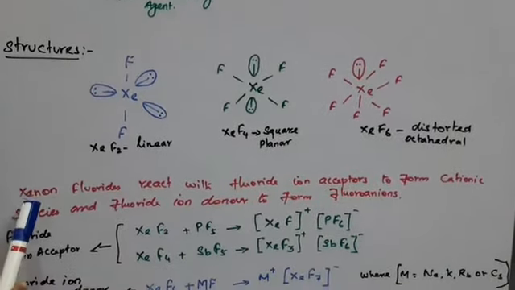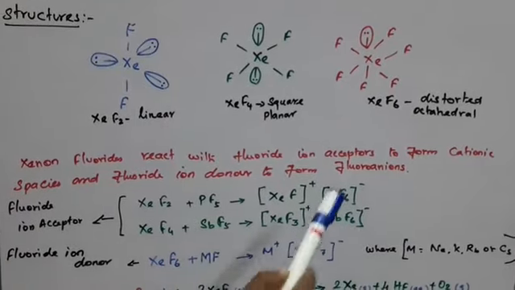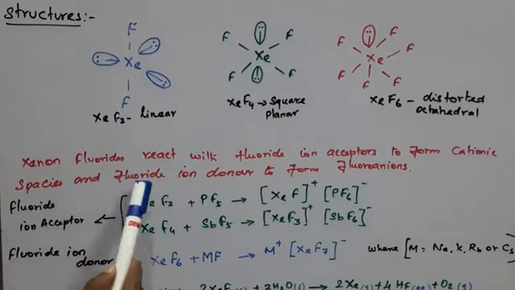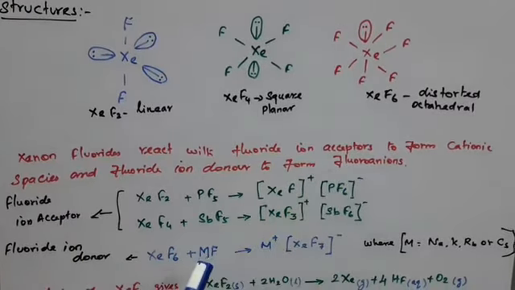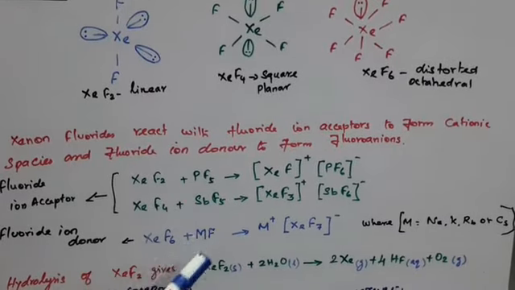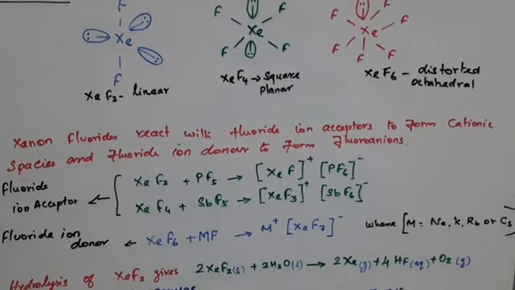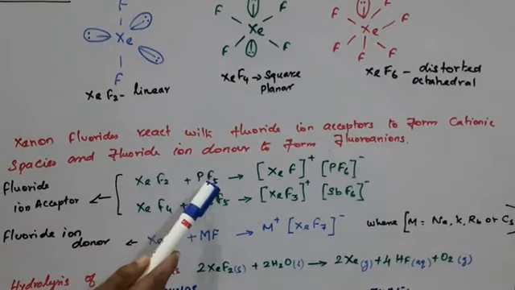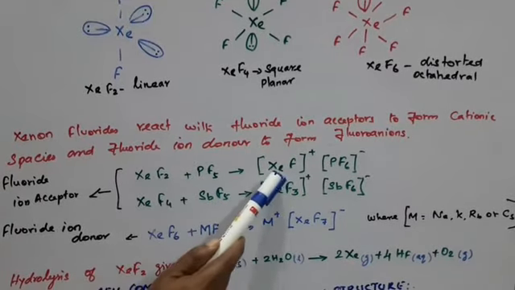Okay, and xenon fluorides react with fluoride ion acceptors to form cationic species and with fluoride ion donors to form fluoroanions, anionic species. Okay, so xenon fluoride reacts with both metal fluorides as well as non-metal fluorides. In the case of non-metal fluoride, it accepts the pair of electrons to form a cationic species.